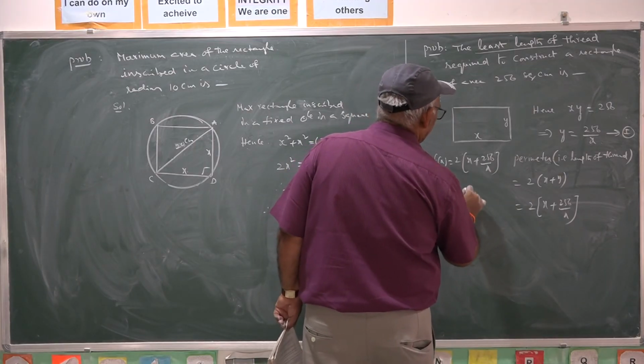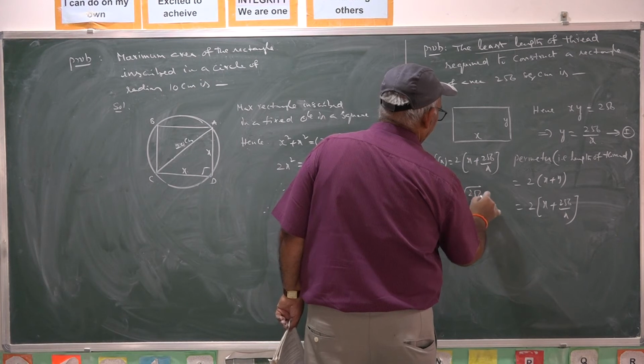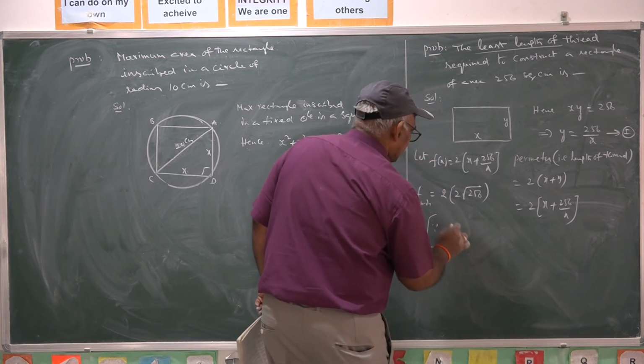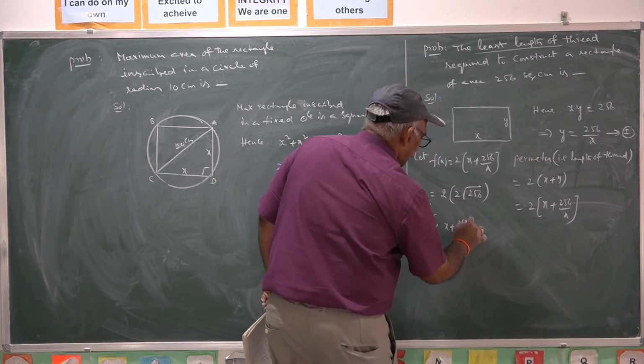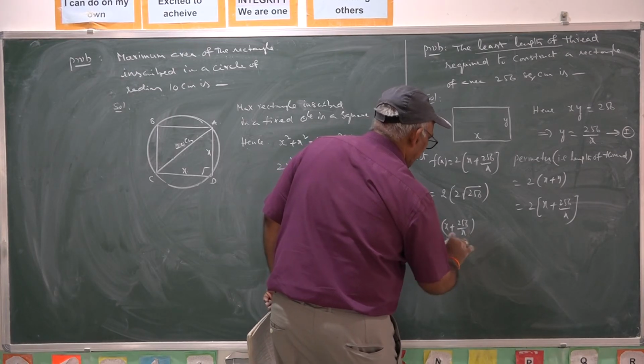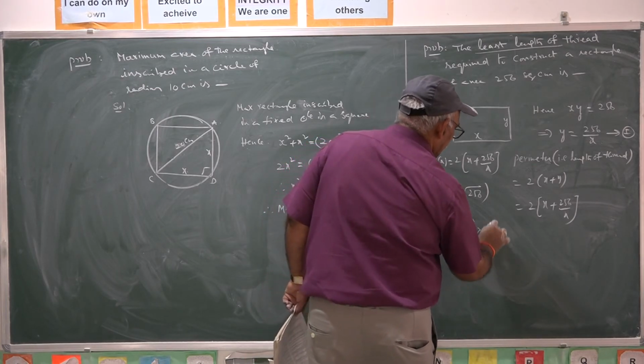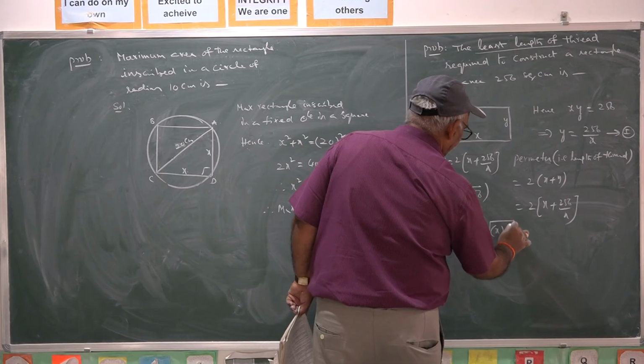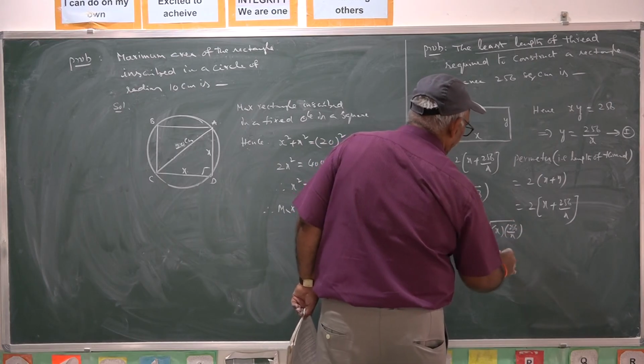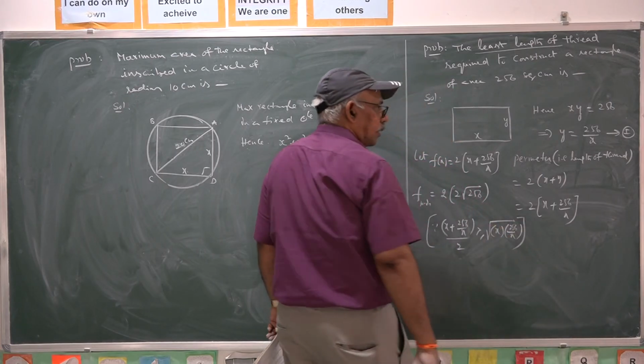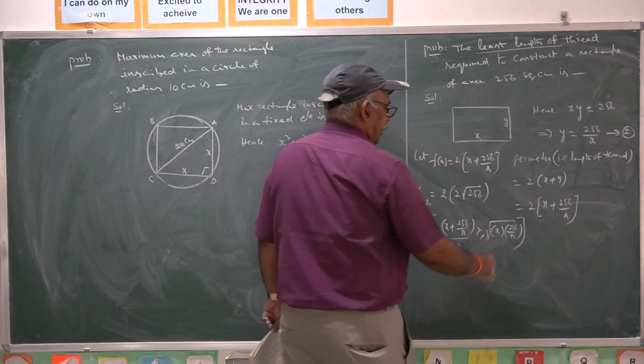Since (x plus 256 by x) by 2 is greater than or equal to their geometric mean, AM is greater than or equal to GM applicable here.